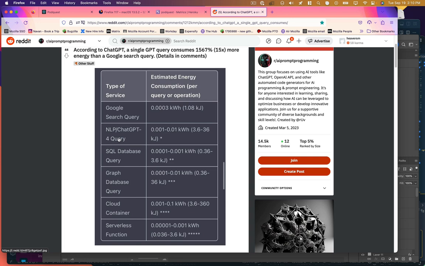While we have an average query, we have a much larger context window, so that's going to factor in, and we're probably going to be a little bit higher than that figure, if it's correct.